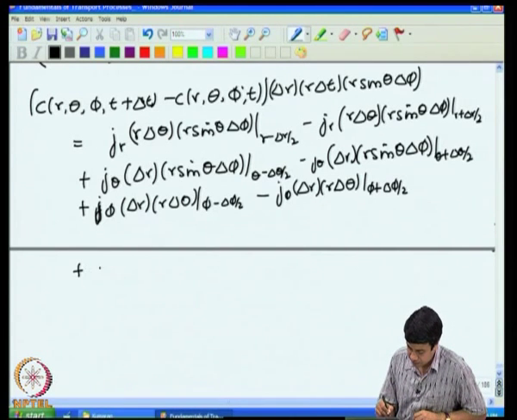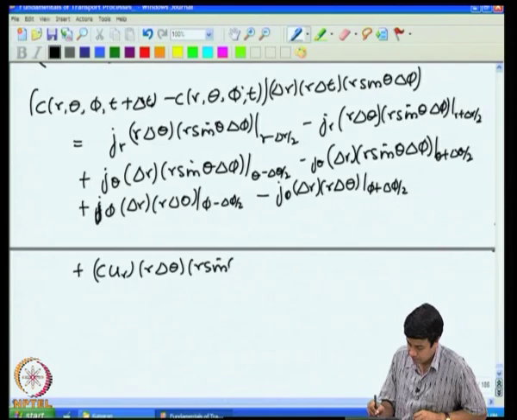So, I will have convection terms, C u_r times r delta theta into r sin theta delta phi at r.